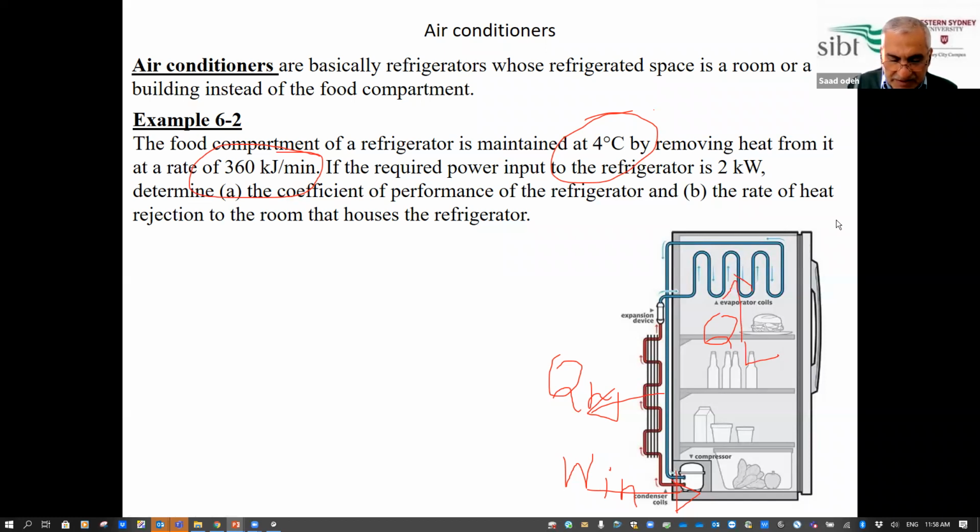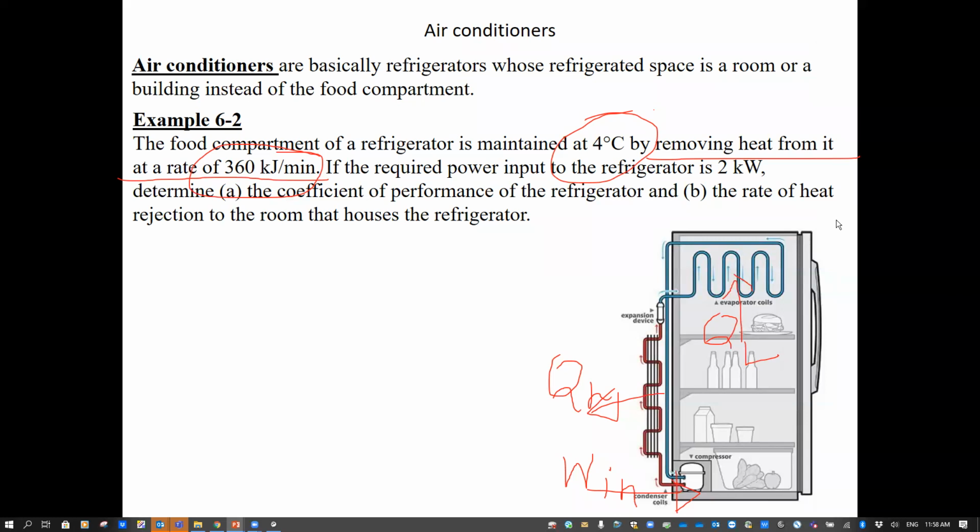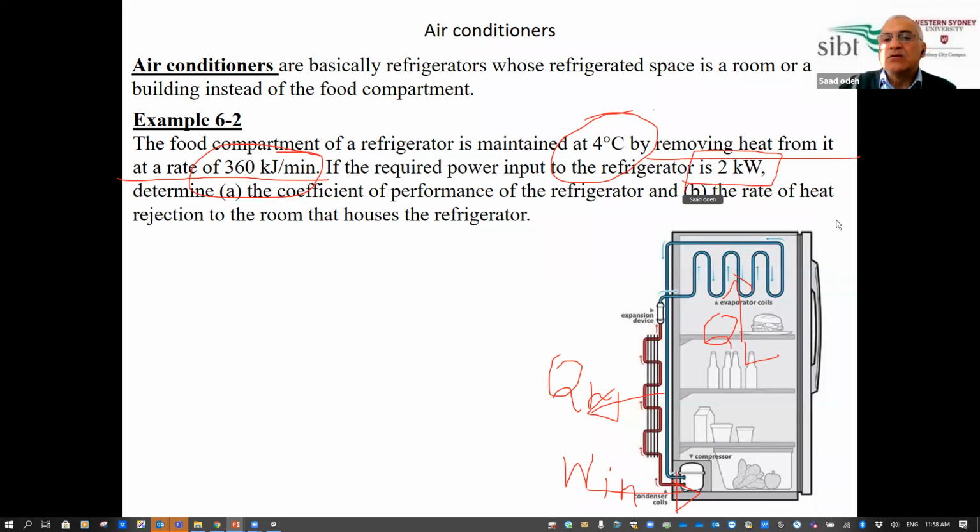We maintain the refrigerator at 4 Celsius by removing heat from it at a rate of 360 kilojoule per minute. So from inside, the QL. Correct. And if the required power input to the refrigerator is 2 kilowatt, which part is this 2 kilowatt?